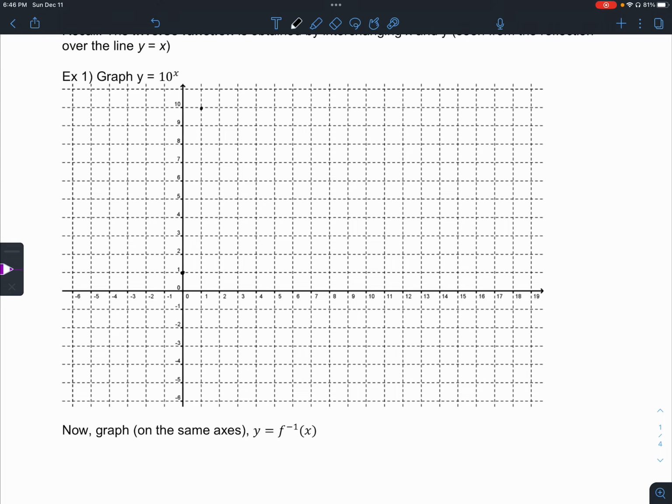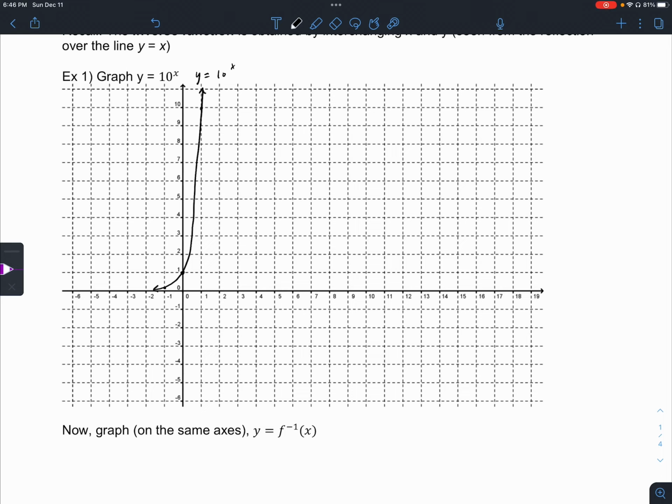When x is negative 1, 10 to the negative 1 is 1 over 10, which is a very small value. If we graph this, this is what it's going to look like. So y is equal to 10 to the exponent of x.